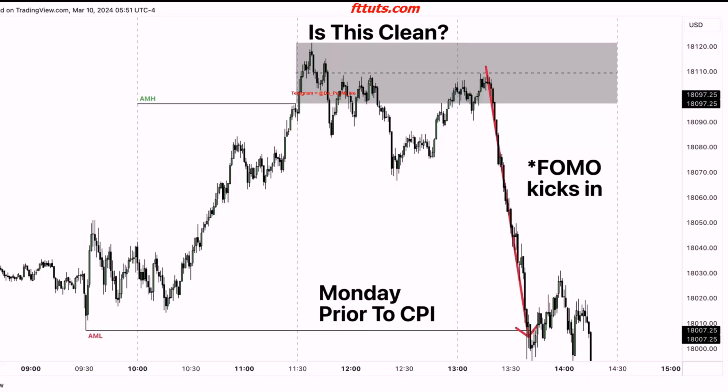And therefore, you need to give yourself permission to say, I am going to determine the environment, and based on the environment selection that I subscribe to, I choose whether or not I would even look to engage within a session. That is how you decrease the frequency of trades, that is how you decrease the amount of risk that gets taken, and that is how you gain an edge in due time.